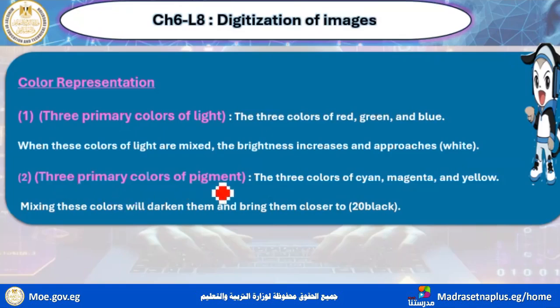The three colors of pigment are cyan, magenta, and yellow, and mixing these colors will darken them so they are close to black. These three colors are used in televisions.